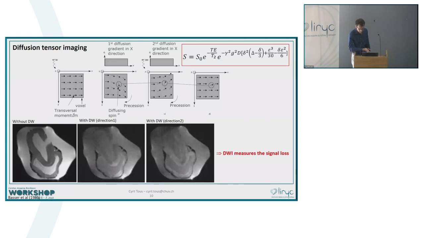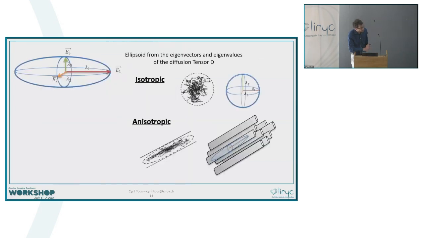If you do this for at least 6 directions, you can obtain a tensor with eigenvectors. Basically, water diffuses fastest along the fiber directions, so it's anisotropic, and you can differentiate different types of tissue.